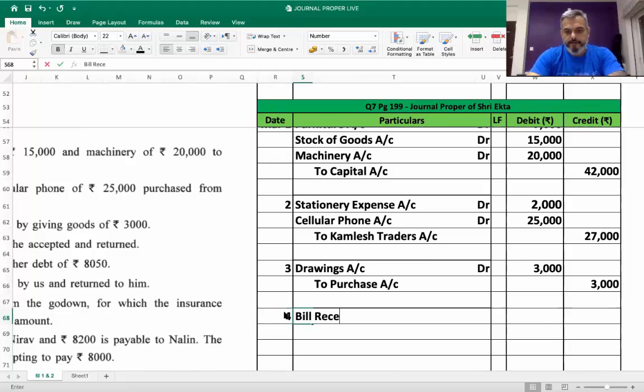So bill receivable account debit, bill is of rupees 8,000. Who is the giver of bill? Namrata, 8,000.